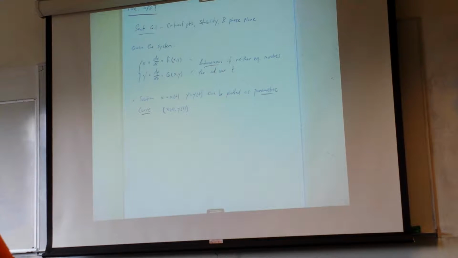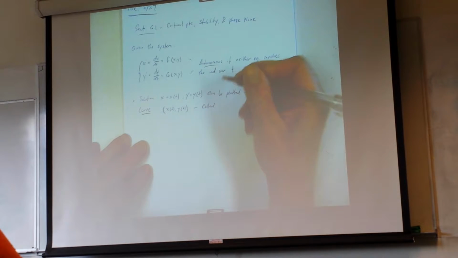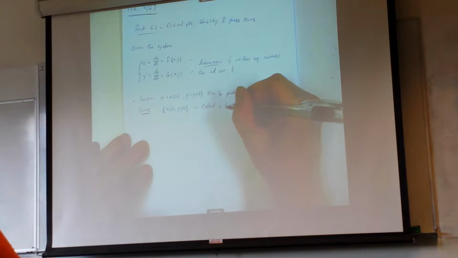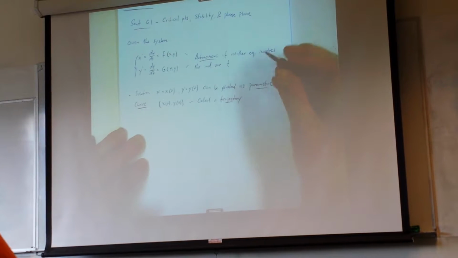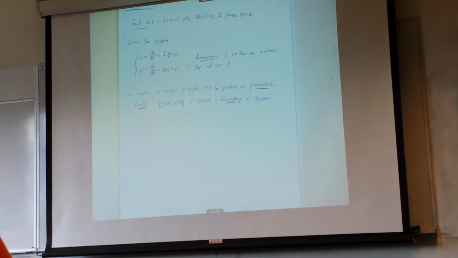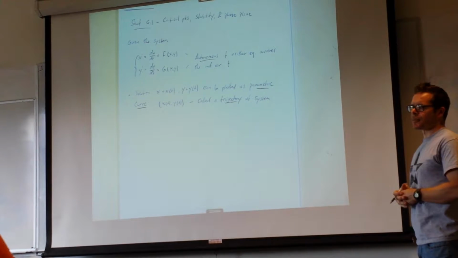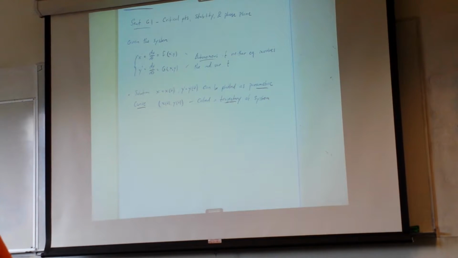These are what we call trajectories of the system. Of course, they depend on the initial condition for x and y. So each initial condition will give rise to a specific trajectory of this system, which can be plotted in the xy plane.